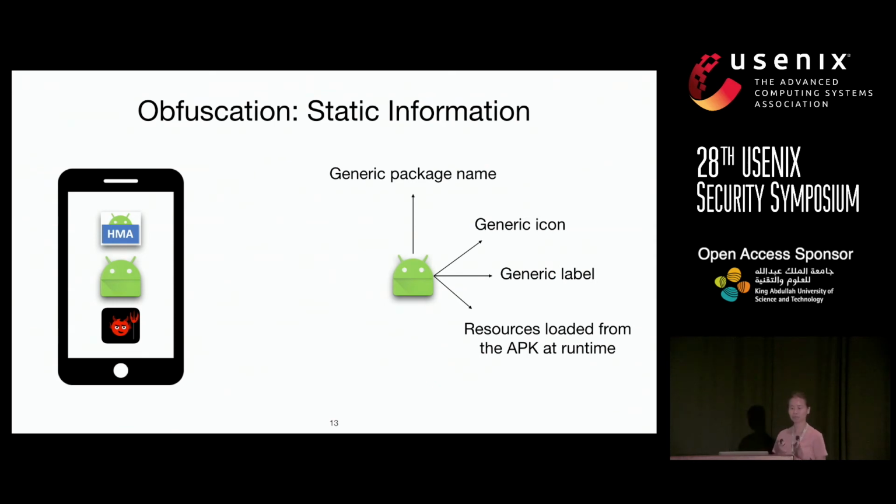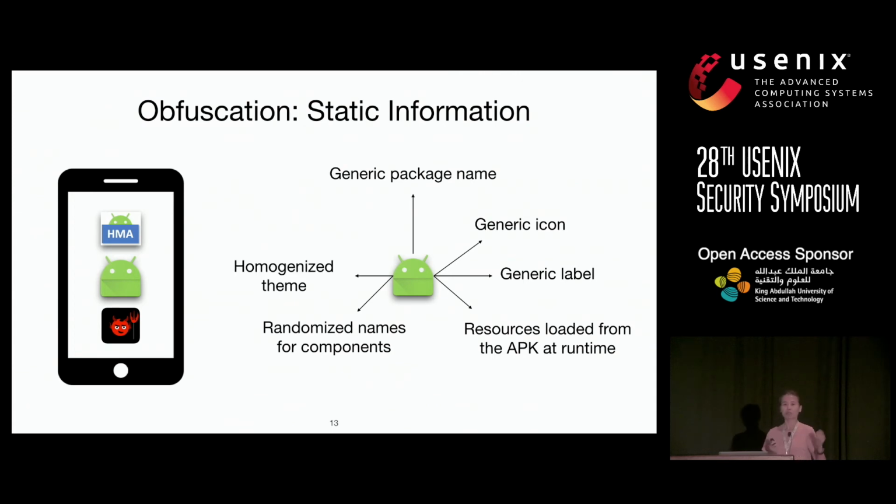But app virtualization requires the container apps to declare in their configuration files the components of the sensitive apps. And as I mentioned before, this information can be retrieved by public APIs, hence fingerprinting attacks. To prevent this problem, in HideMyApp, the container apps declare only dummy components with randomized names. And at runtime, these dummy components are mapped to the real components of the sensitive apps.